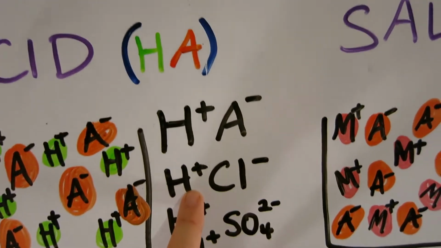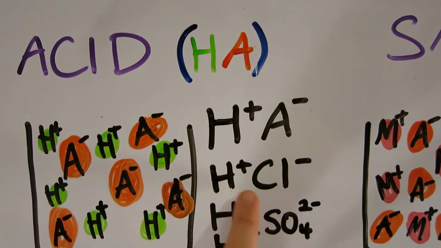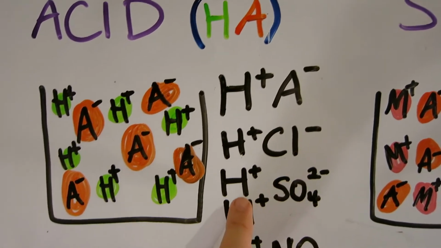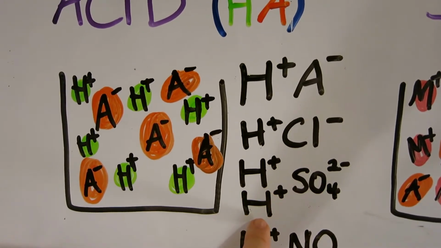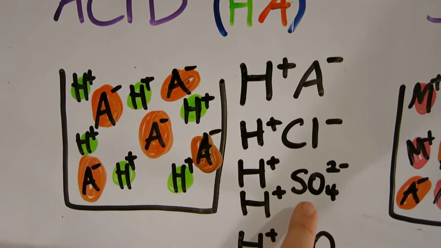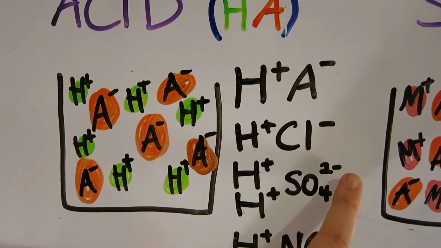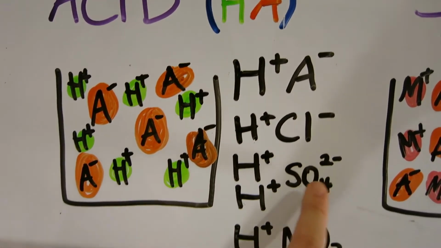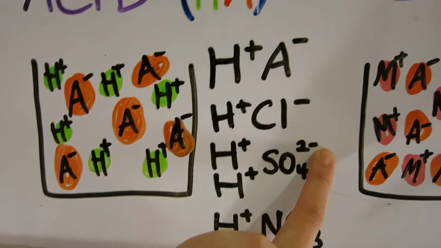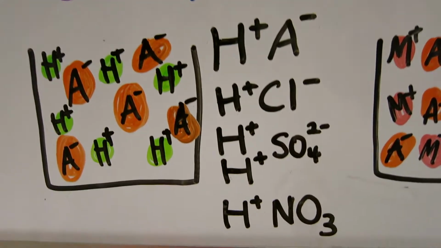So if we're looking at hydrochloric acid, we have positive hydrogen, negative chloride ion. We have 2 hydrogens, so 2 positives, and 1 sulfate, which has a 2 negative charge. So 2 positives, 2 negatives equals 0.